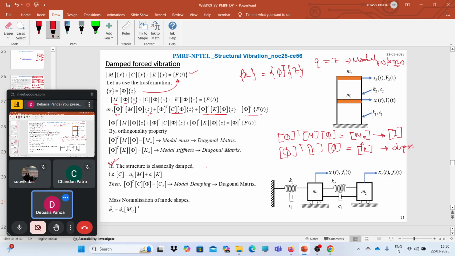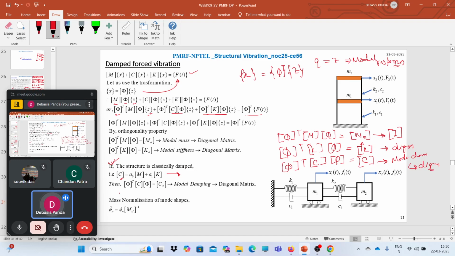So ultimately, the C matrix we will form using this model, the Rayleigh model, A naught M plus A1 K. Now again we can get the modal matrix. It's nothing but phi transpose C phi is equal to C. It's also a diagonal matrix, the modal damping matrix.